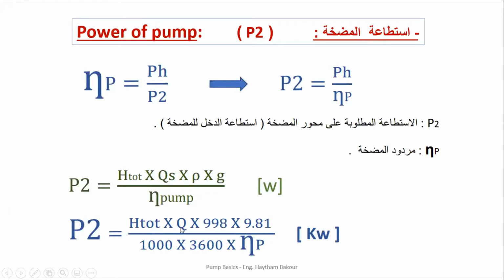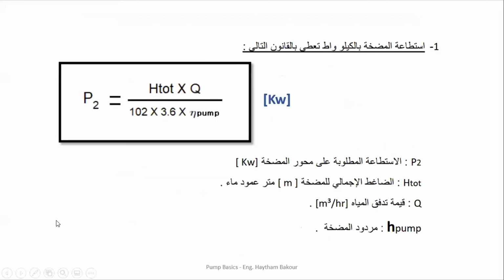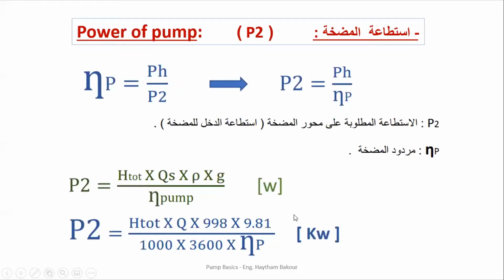Then from the second stage, P2 is H total multiplied by Q, where we replace QS by Q divided by 3,600, multiplied by 998, multiplied by gravity, and then divided by 1,000 to reach kilowatts.